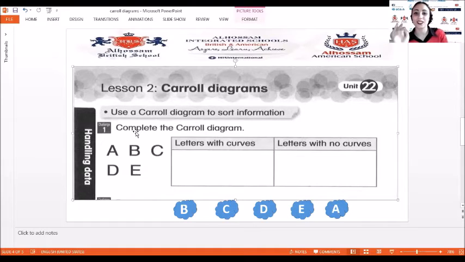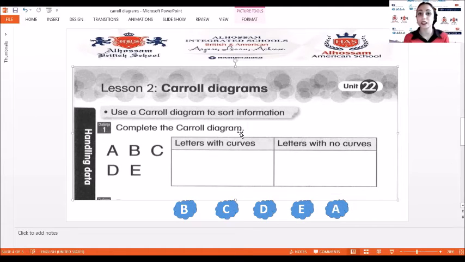Read the title. The title is, who can read? Complete the carroll diagram. Let's sing: carroll, carroll, carroll diagram, used to grouping things.